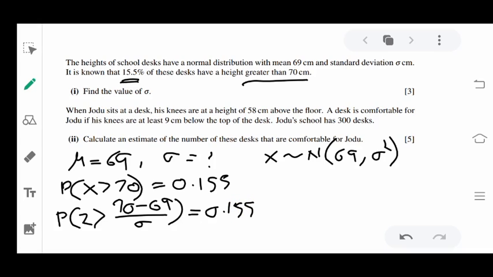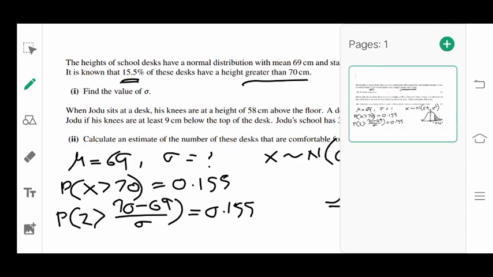When you look at the corresponding graph, the probability of z greater than (70 minus 69) by sigma is 0.155. The 0.155 or 15.5% lies to the right side of mu, so it is positive. As it is positive, there won't be any change in the calculation.